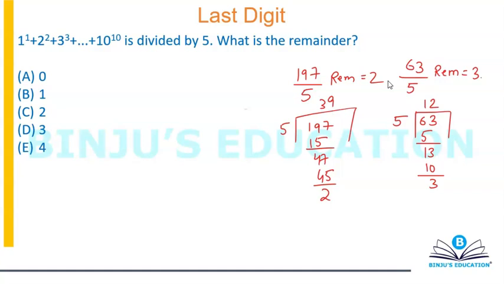What you typically have to do is, when a number is divided by 5 and you want to calculate the remainder, just look at the unit digit. If the unit digit is less than 5, then the remainder is the unit digit.